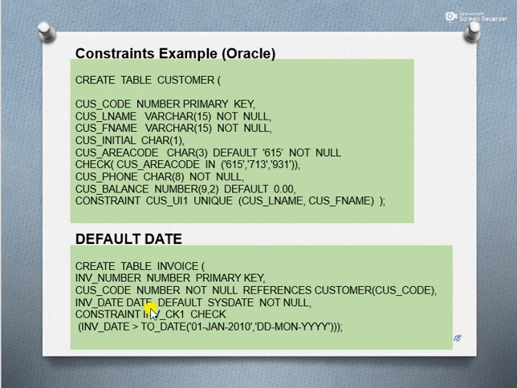Okay, and the type of constraint is check, with the check that invoice date should be greater than the date 1st January 2010. So our invoice date must be greater than this date. If there is any date less than this, it will not be accepted. To date is a function which just specifies the date format. Like here, when we write a date in this format, it is converted to day, month, and year.